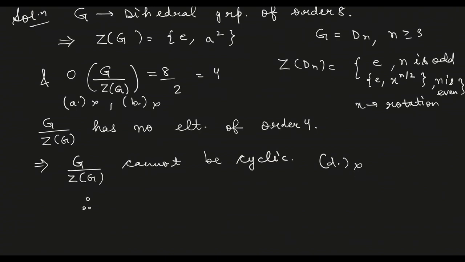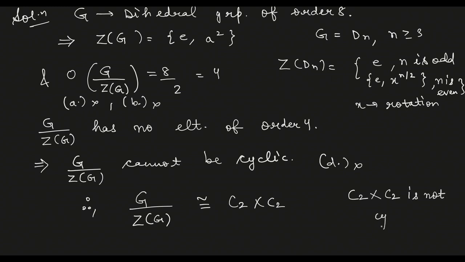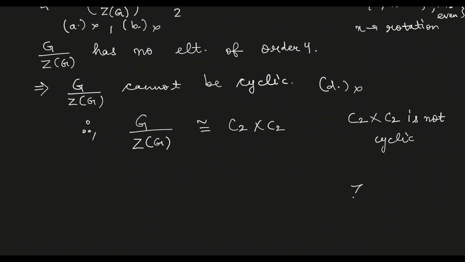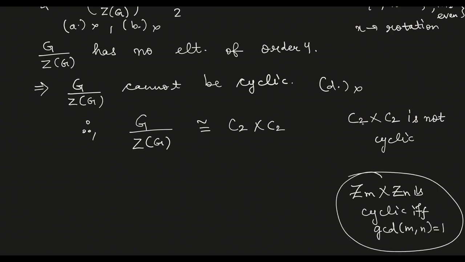Therefore G/ZG is isomorphic to C2 cross C2, because C2 cross C2 is not cyclic, because we know that Zm cross Zn is cyclic if and only if GCD of m and n is 1. Here it is not 1 na? So it is not cyclic.